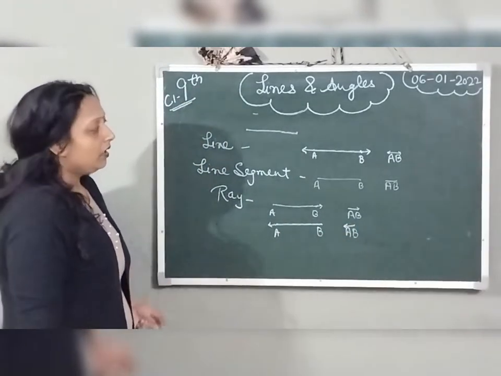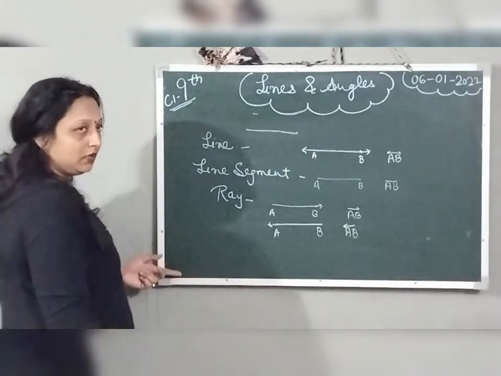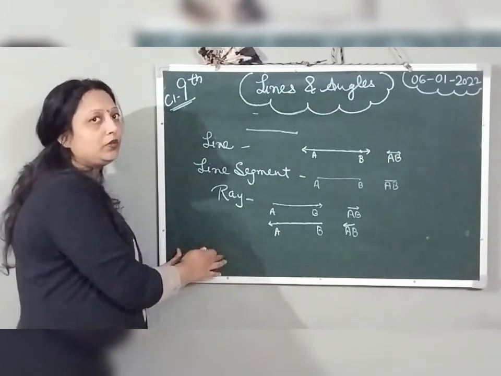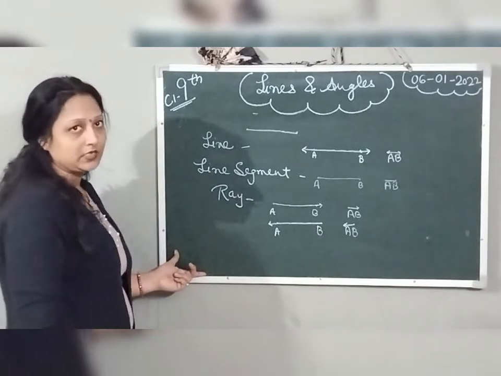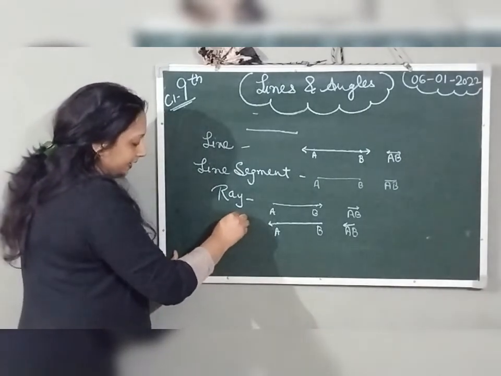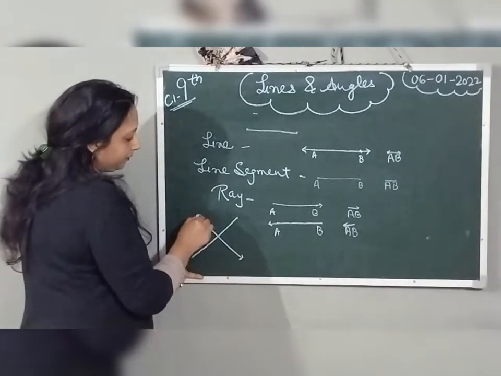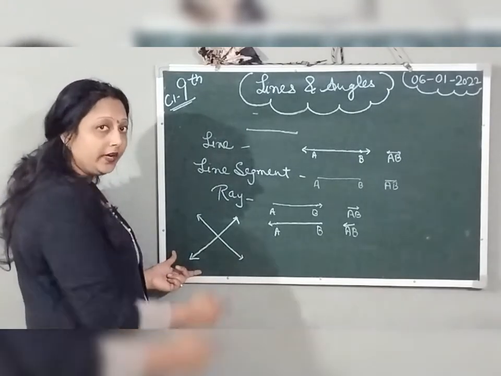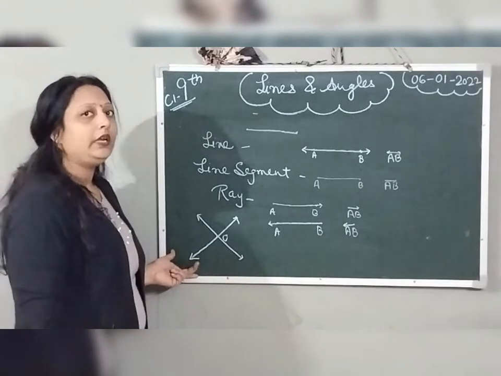Okay? Let us talk about some other lines. Lines can be of many types, but we are talking about two types of lines here: intersecting lines and parallel lines. Intersecting lines are when two lines intersect each other at a point. When two lines intersect at a point O, then these are called intersecting lines.